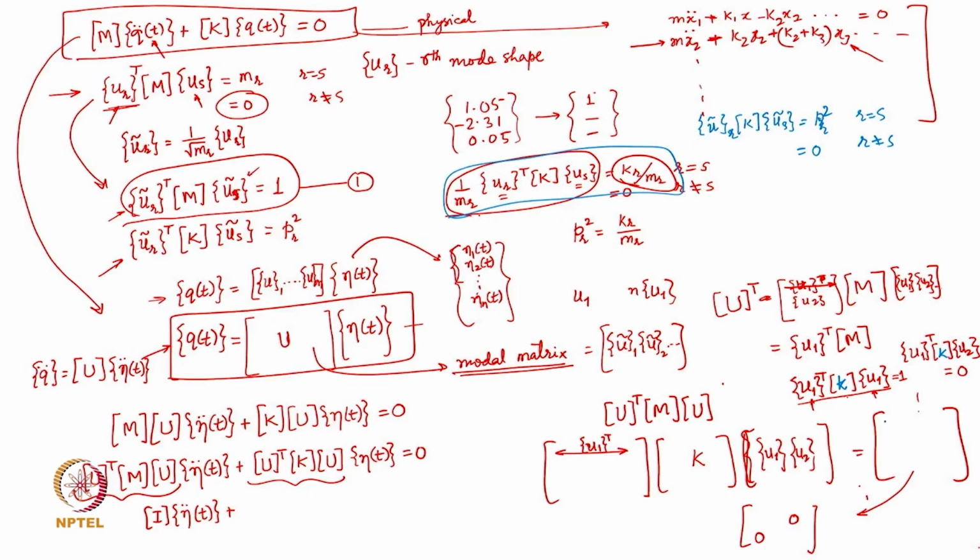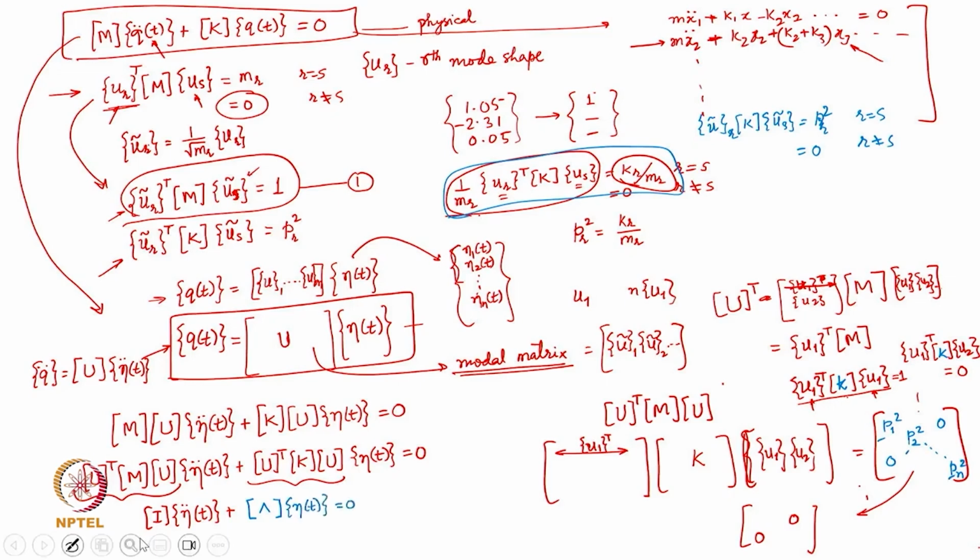So, what is going to happen is that you are going to get this as P1 square, the second diagonal element as P2 square, and up to Pn square. And all these off diagonal elements are going to be 0 because of the orthogonality. That basically means this matrix is a diagonal matrix containing all the squared natural frequencies, which are your eigenvalues, times eta equal to 0.